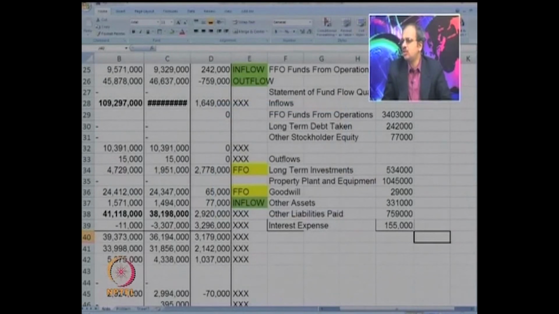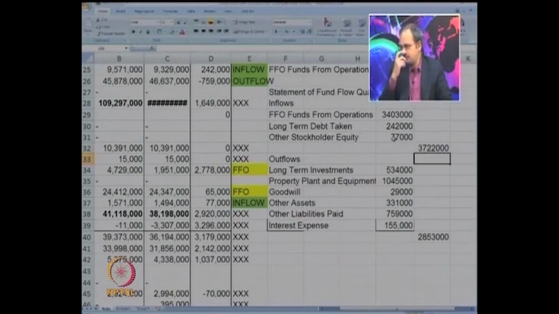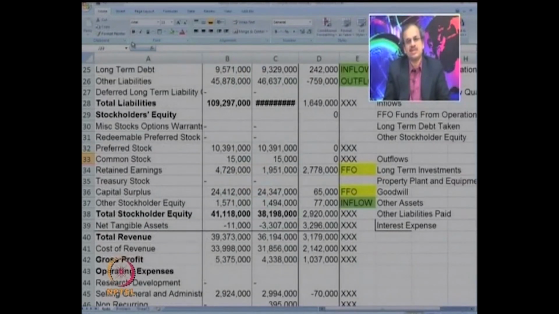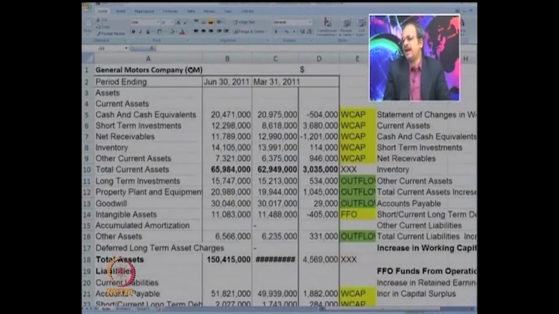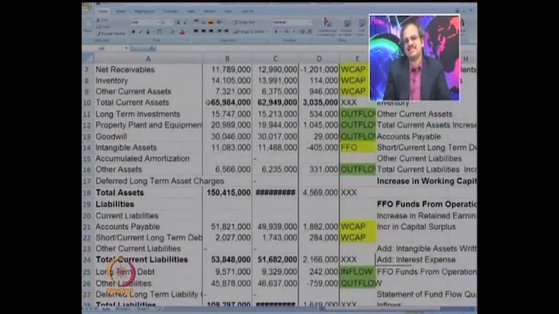Now let us take the total. You will see that total inflows are more than outflows. So you must have excluded some of the items. Take a look at the balance sheet once again. What have we excluded? Just try to guess.